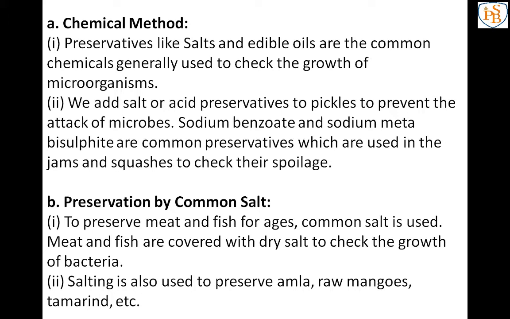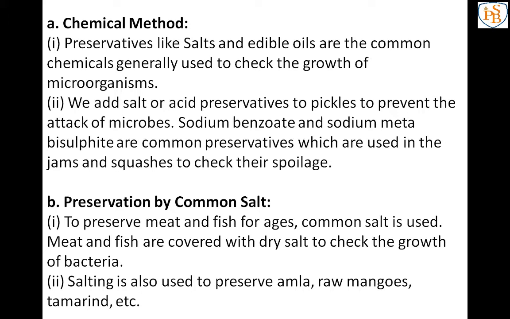If the food is moist, meaning water content is present there, bacteria can grow easily. So we use dry salt to check the growth of bacteria, and that preservation by common salt is known as the salting process.